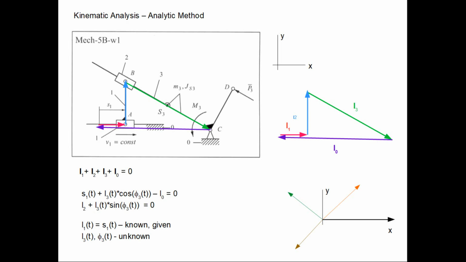So, for example, we don't need to worry about whether the Coriolis acceleration is present or not in our mechanism, because if we draw this vector polygon correctly and we correctly differentiate the equations, the Coriolis acceleration will pop out almost automatically. So we'll see at the end of this presentation.